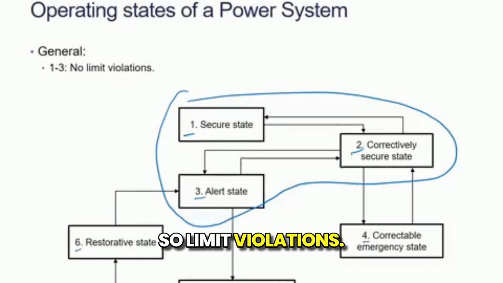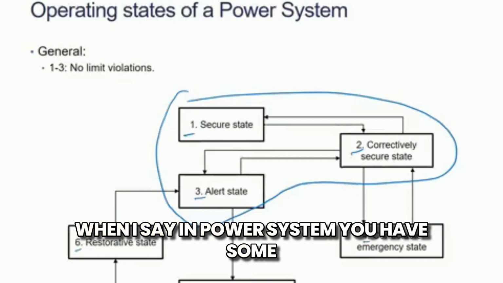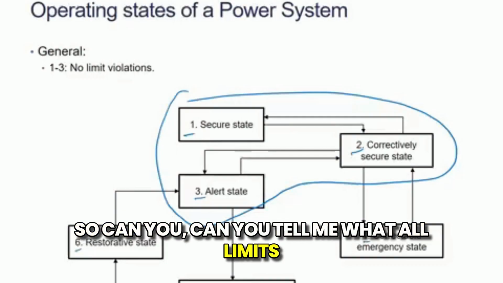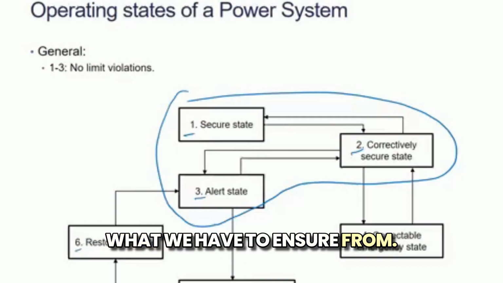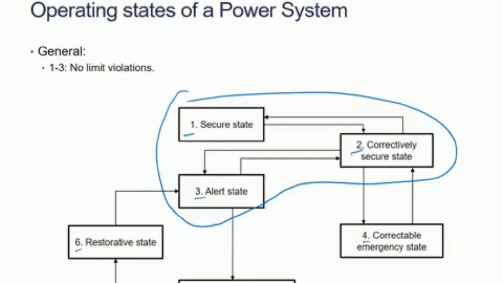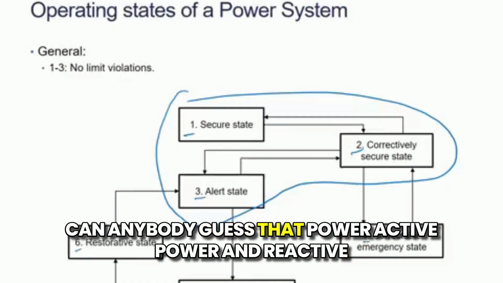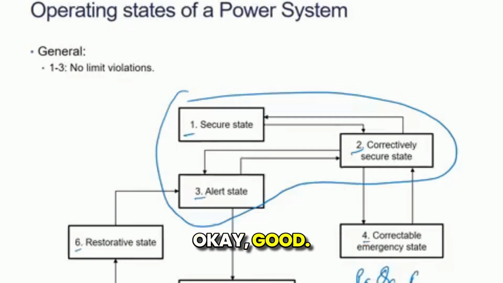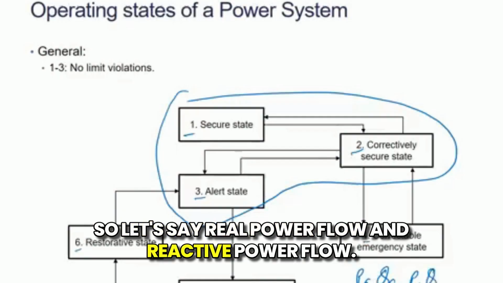When I say limit violations, in a power system you have some limits which you have to ensure. So can you tell me what limits we have to ensure in a power system? Can anybody guess? Active power and reactive power of a generator, and the line flow. Okay, good. So let's say real power flow and reactive power flow.